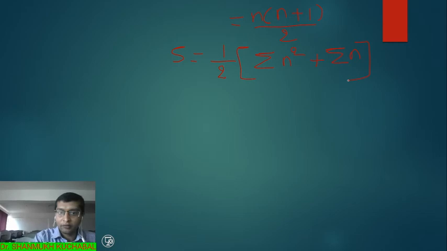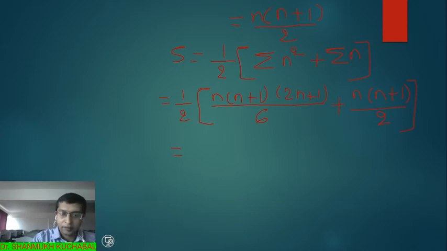Further 1 by 2 as it is, summation of n square is n into n plus 1 into 2n plus 1 whole divided by 6, and summation n is n into n plus 1 whole divided by 2.